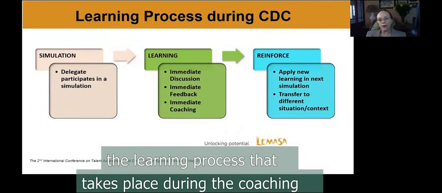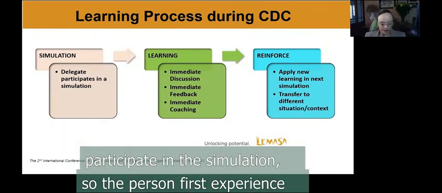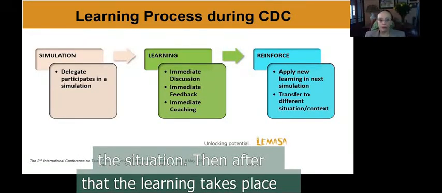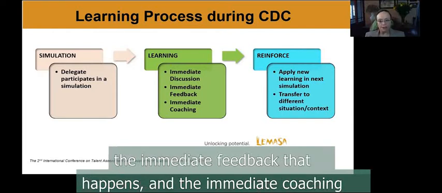So the learning process that takes place during a coaching development center is, the first step is obviously the delegate participating in the simulation. So the person first experiences the situation. Then after that, the learning takes place in terms of the immediate discussion with the other participants, the immediate feedback, and the immediate coaching.